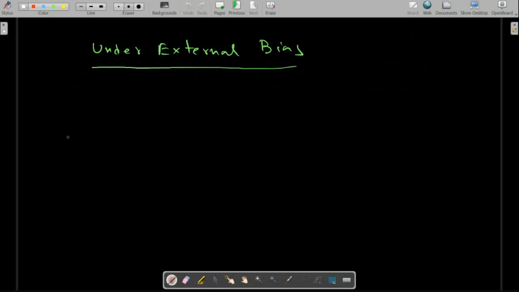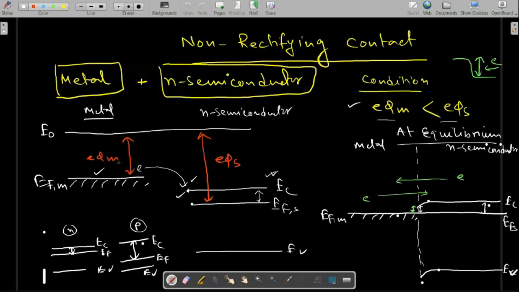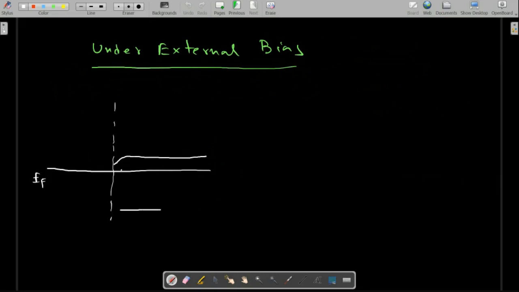Now we have a junction like this. So this is the junction. Like this, EC, EF, EV.